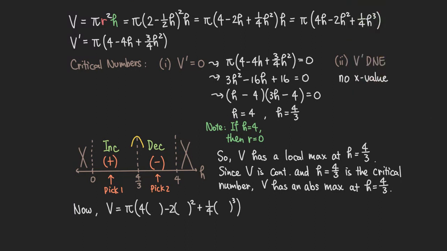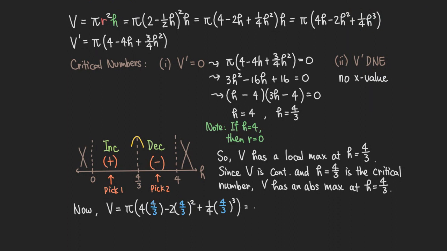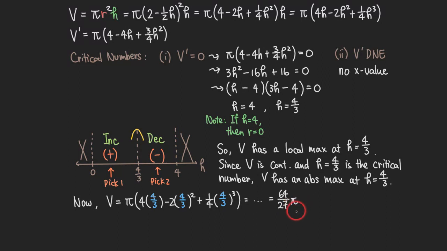So plug the 4 over 3 in there. And then if you do all that calculation, I'm skipping all the basic calculation work. And then the answer is what? 64 over 27 pi. And by the way, don't do this on the exam, okay? And then now what do we have? That's the maximum possible volume that we have for the cylinder.